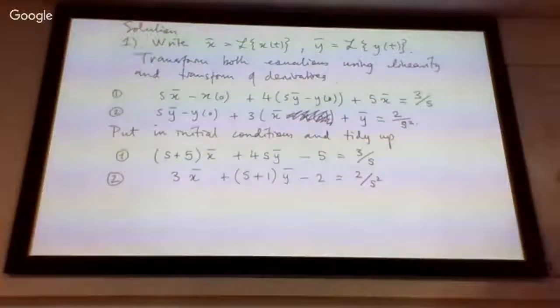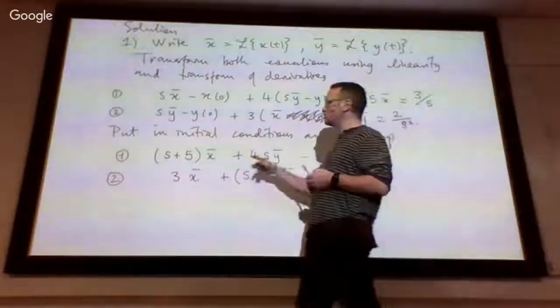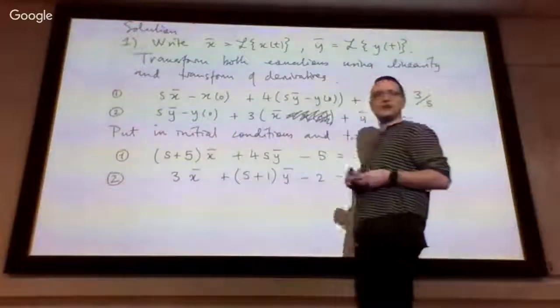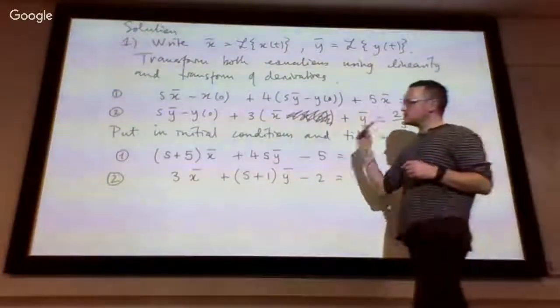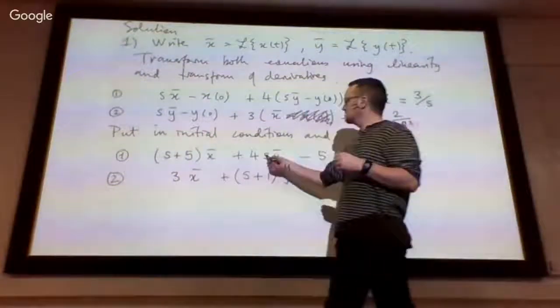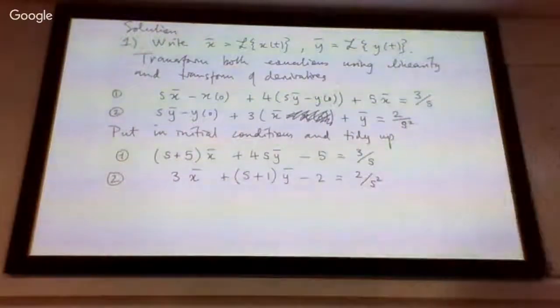Whereas in this system now, there's just two unknown quantities, x bar and y bar. They are understood to be functions of s. And the various coefficients are constants and s. If it was higher order, there might be s squareds or s cubes in there. This is just first order, so we just have some s's already.